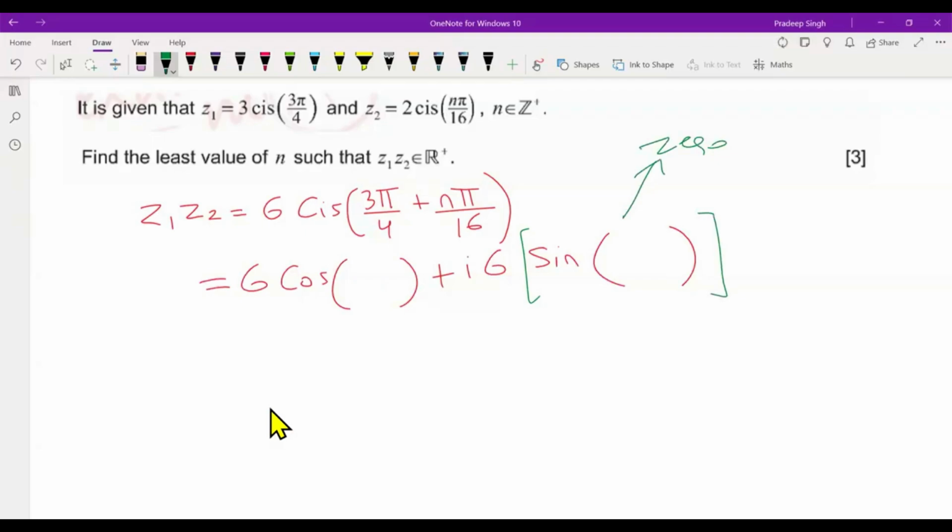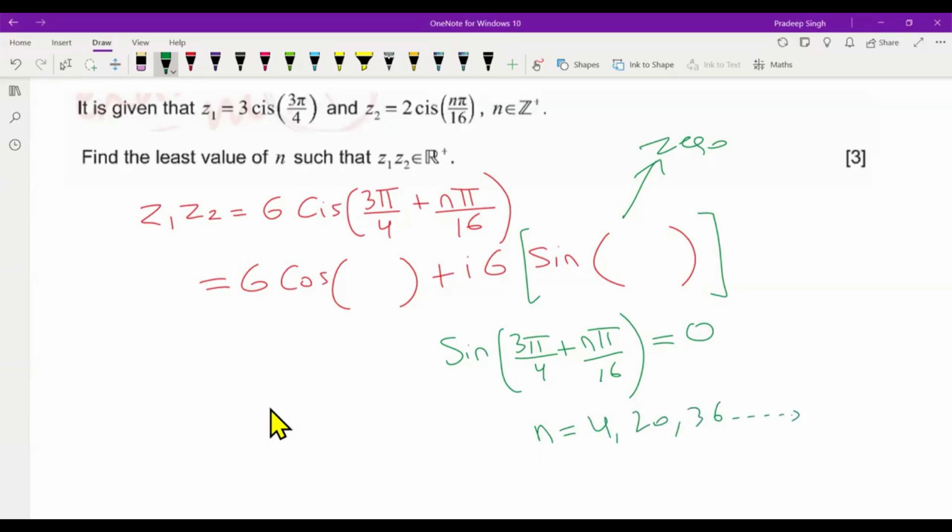This whole thing needs to be 0. Fine, let me write it down. So sine of this whole thing is 0. So put this in the calculator. Can you figure out n values? When is sine 0? Sine is 0 at 4, 20, 36, and 52.